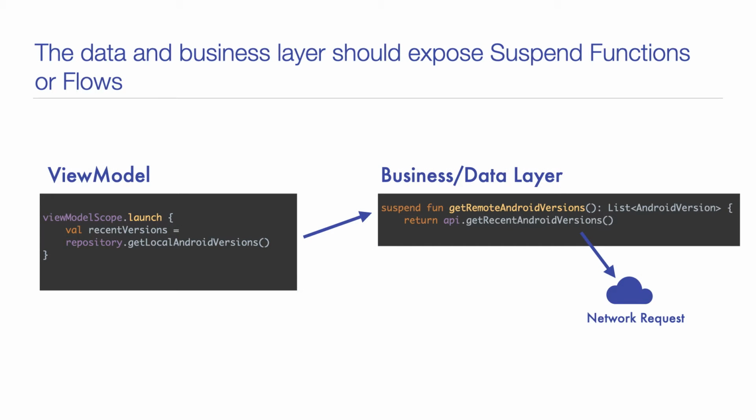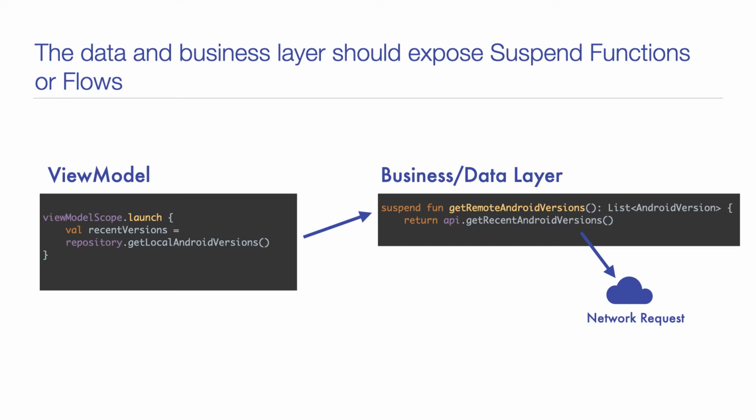On the screen, you can now see an example where the ViewModel calls the getRemoteAndroidVersions suspend function in the business layer, and in this function, a network request is performed. Since the business layer exposes a suspend function, it follows this best practice.